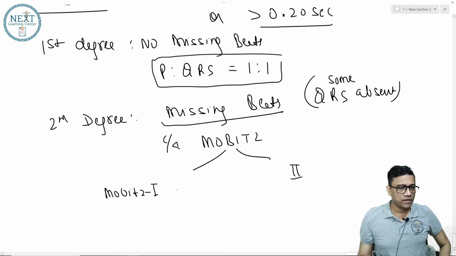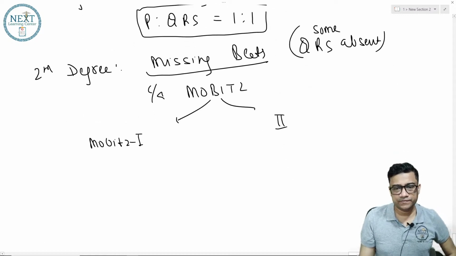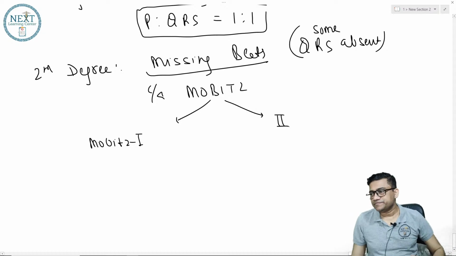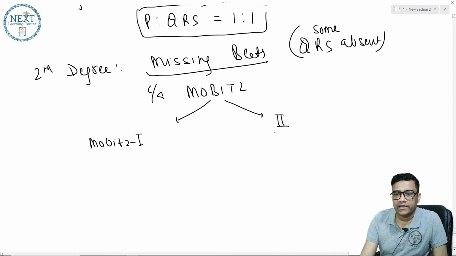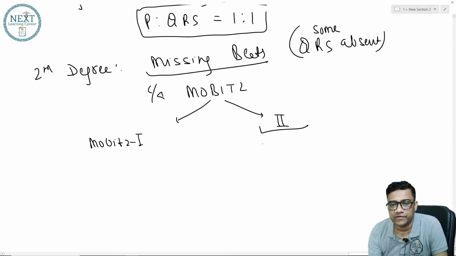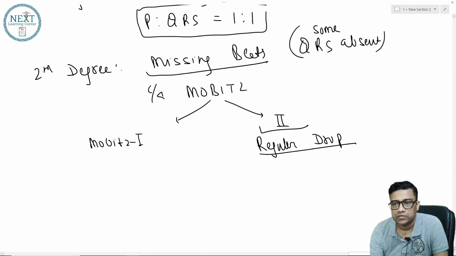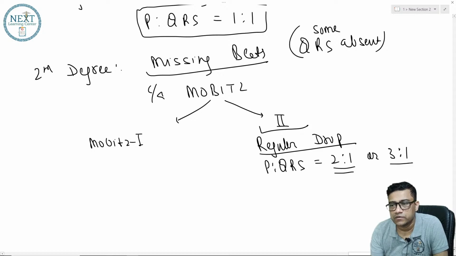So remember, Mobitz 1 and Mobitz 2. In Mobitz 2, there is a regular drop, so the P to QRS ratio becomes 2:1 or 3:1.